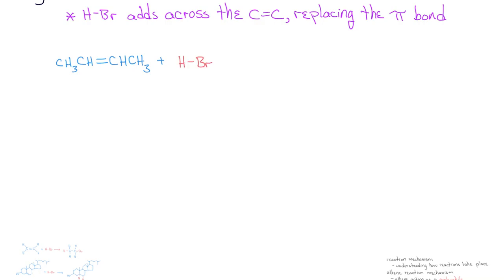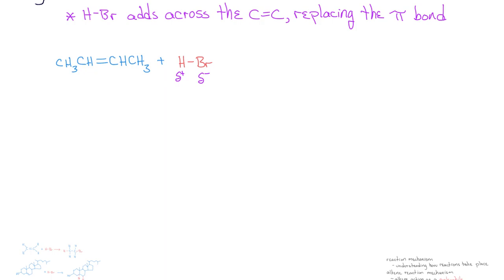In the first step, we see that the hydrogen bromide is actually a polar molecule, as we learned in previous videos. The hydrogen has a partial positive charge, and the bromine has a partial negative charge. This means that the hydrogen is acting like an electrophile because of its partial positive charge. It wants to have more electrons.